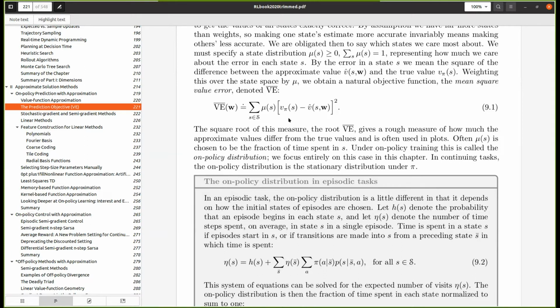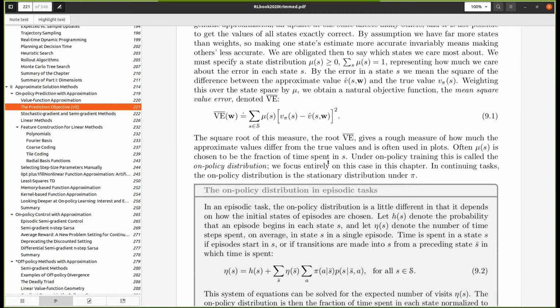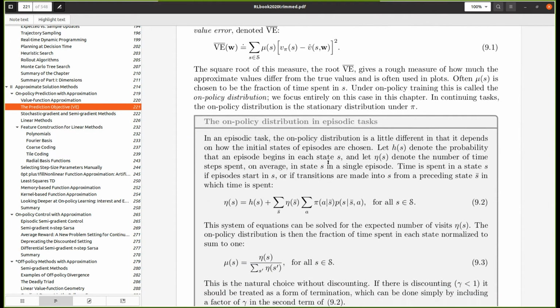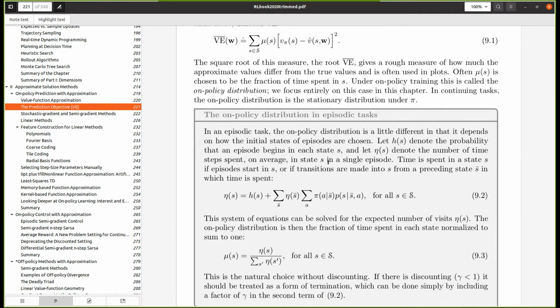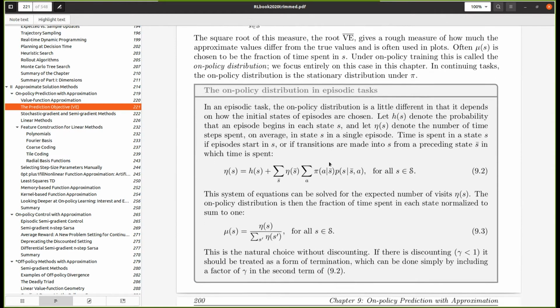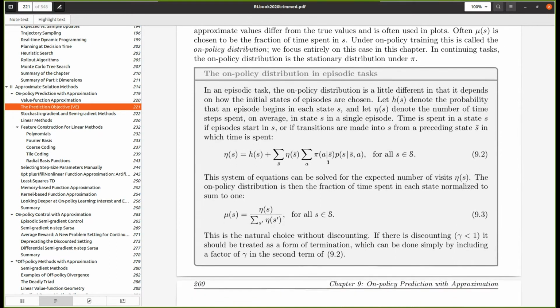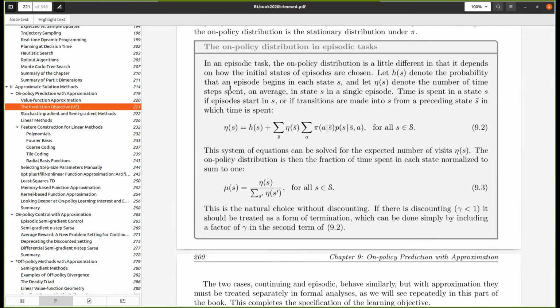And in this case, we just do regression of a value function. That is not new to those familiar with machine learning in general. And here are a bit of details on what a state distribution is, and a write-up of what the on-policy distribution in an episodic task would be.